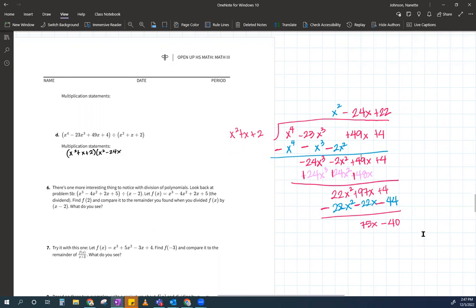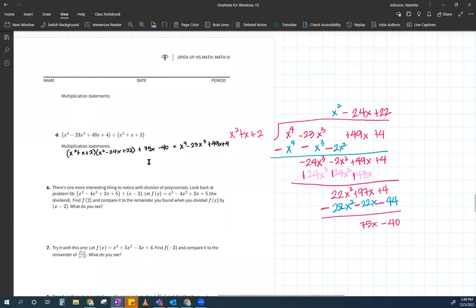And then I'm going to add on this denominator, is equal to our dividend, x to the 4th minus 23x cubed plus 49x plus 4. Okay, so there goes one multiplication statement.